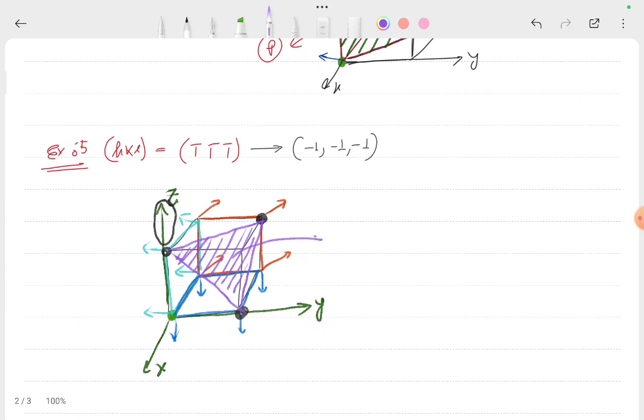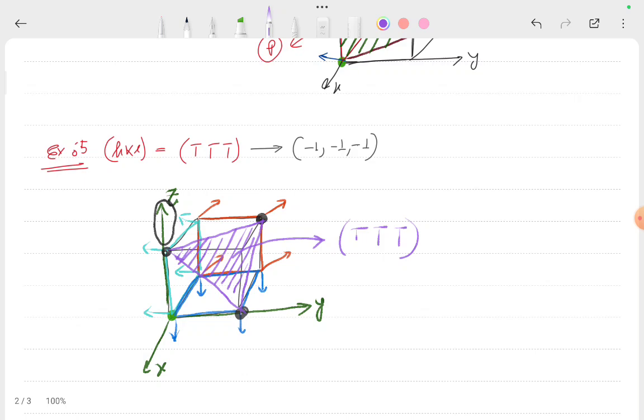Okay, so this is your sketching of Miller indices. I think you can understand what steps I am following here.